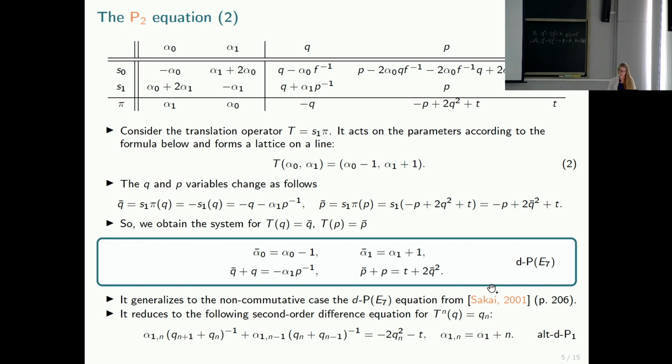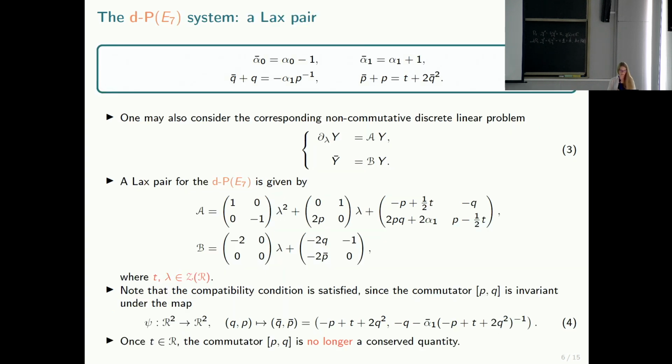It can be called the dP E7 system, because if we look at the commutative reduction, this system coincides with the dP7 equation from Sakai's paper. One more line about the second-order difference equation, but it's not really necessary.